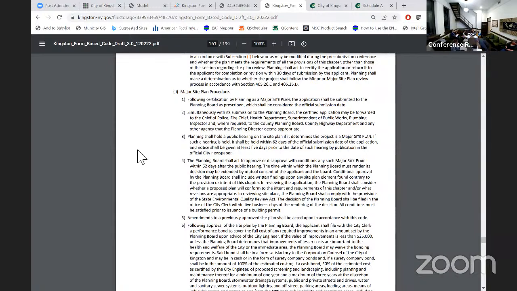We're denying it. You are 100% correct. Approve with conditions or disapprove. In number 6, they talk about the performance bond. And I thought that signage should obviously be added into that.